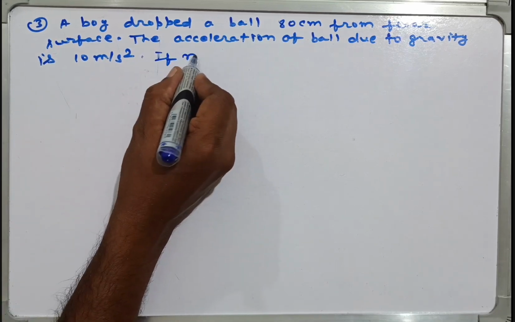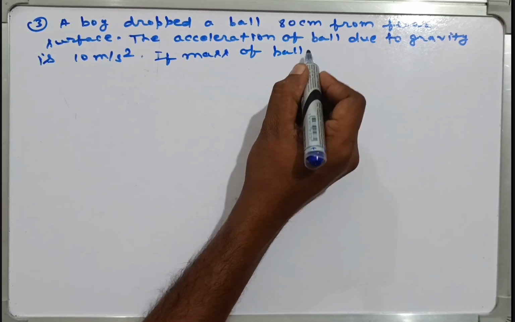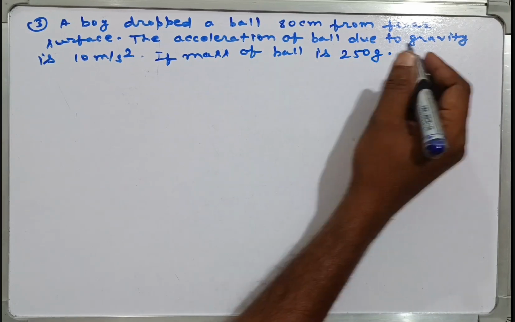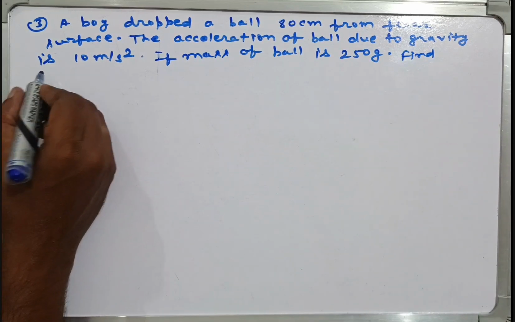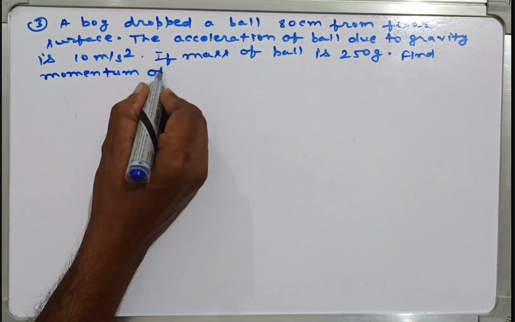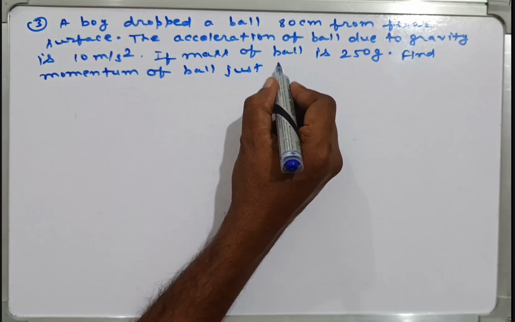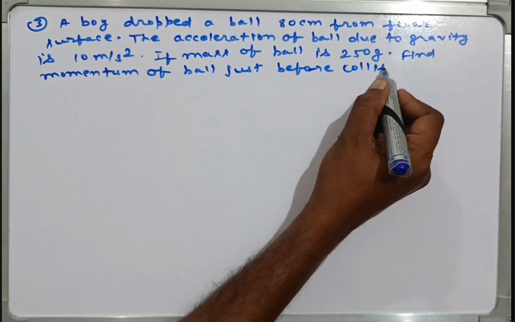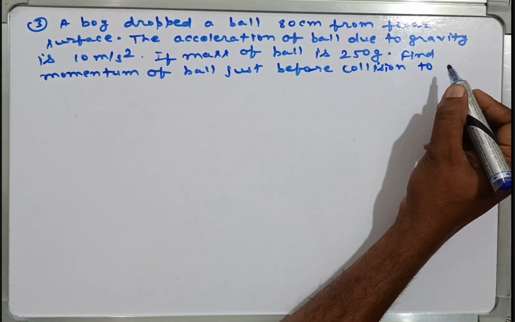If the mass of the ball is 250 gram, find the momentum of the ball just before collision to the floor.